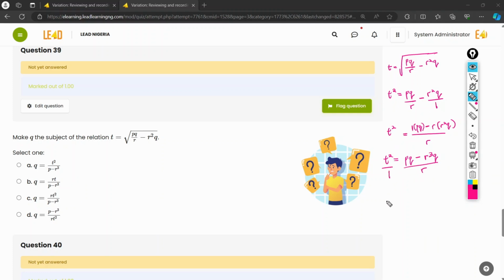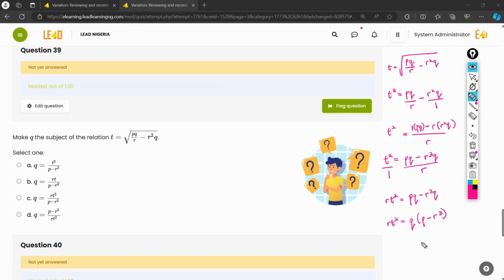Now I can cross multiply here. I'll have RT squared is equal to PQ minus R cube Q, and I can factor out Q. I'll have RT squared is equal to Q, factoring out Q, times P minus R cube.